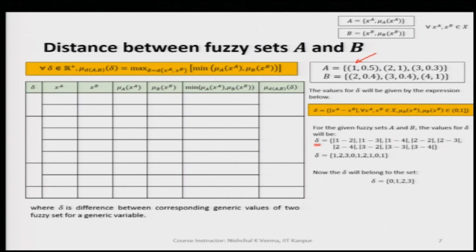So, let us first find out what are the combinations of the generic variable values from A and B which are going to give us the difference, the delta value 0.